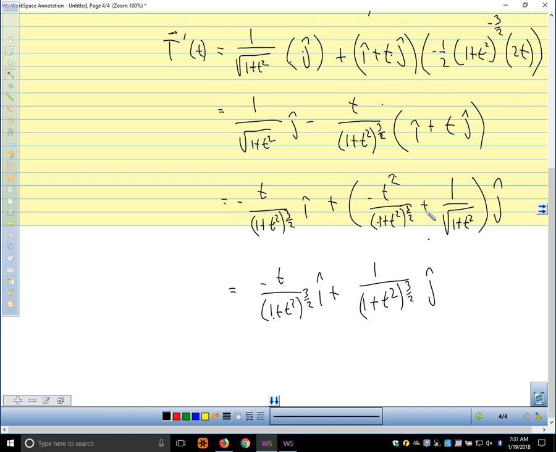Because what I'm going to do to find my common denominator, I'm going to multiply this by 1 plus t squared over 1 plus t squared. And then the t squareds cancel. And I have the 1 plus t squared to the 3/2 in the denominator.